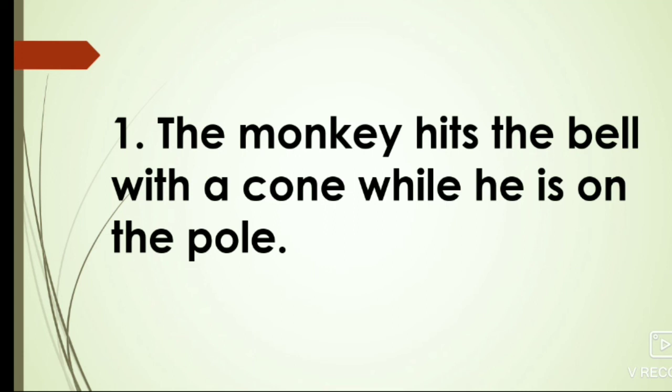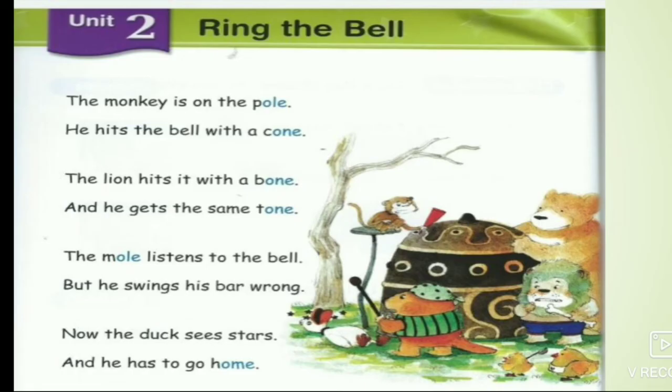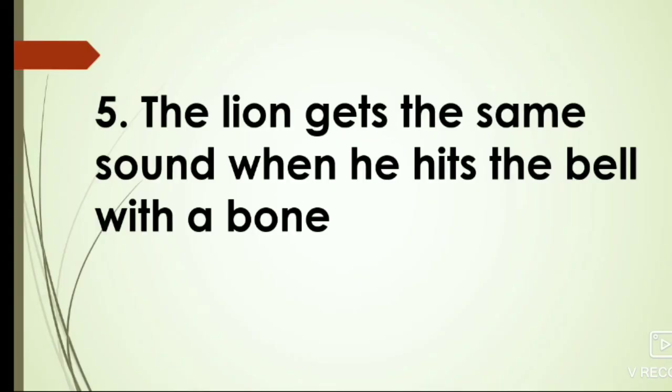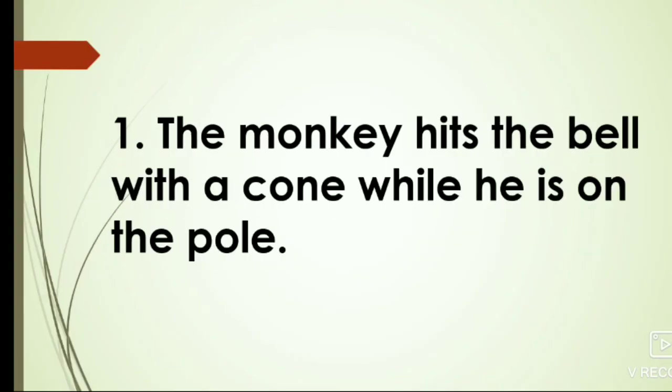Let's go back to our story. What does our story say? The monkey is on the pole. He hits the bell with a cone. So, sentence number 1 says, the monkey hits the bell with a cone while he is on the pole. So, this is our detail 1.